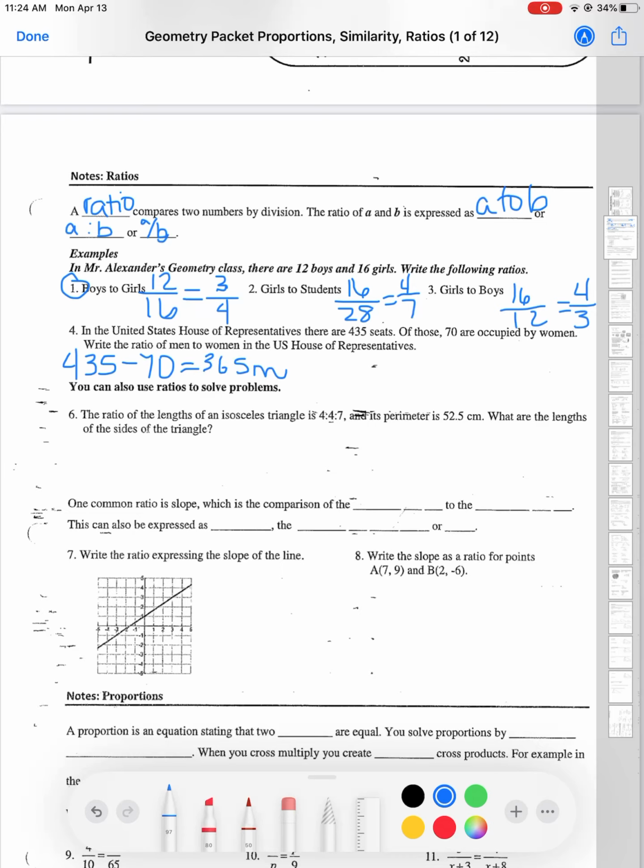So there are 365 men. So 70 women, 365 men. Men to women would be 365 over 70. We always simplify. Those are both divisible by 5. So 73 over 14.